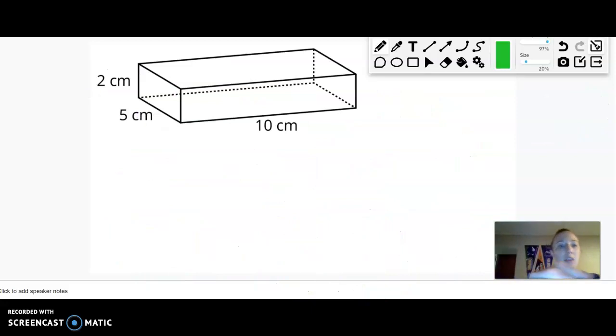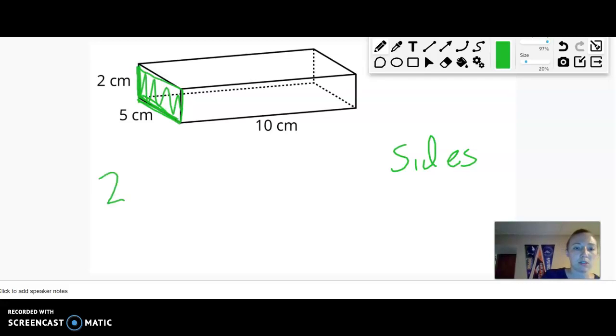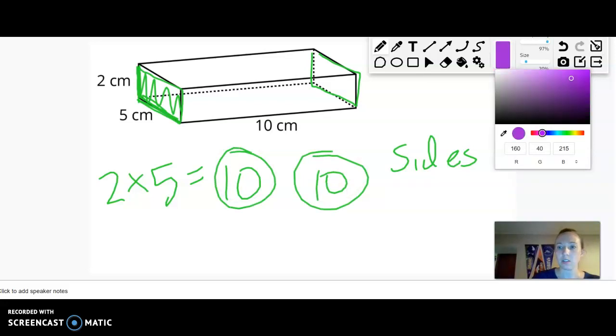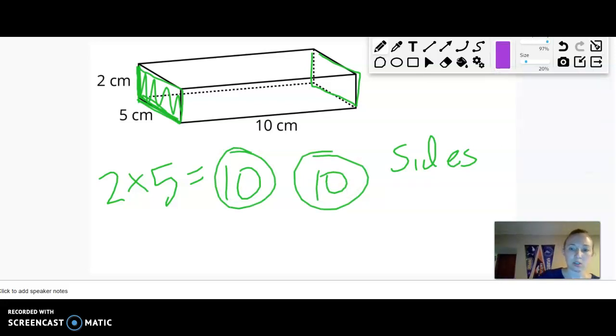All right. So, remember, I need my sides. 2 times 5 equals 10. And then if that equals 10, that opposite side also equals 10. Let's do our top and bottom.